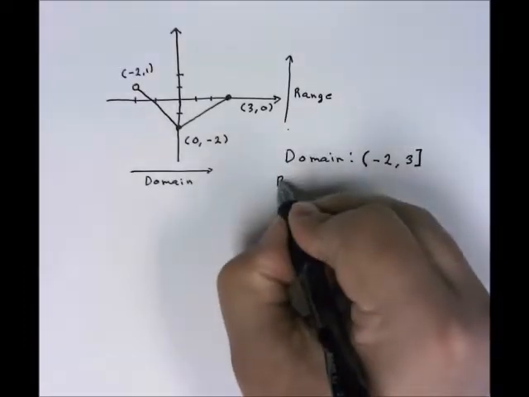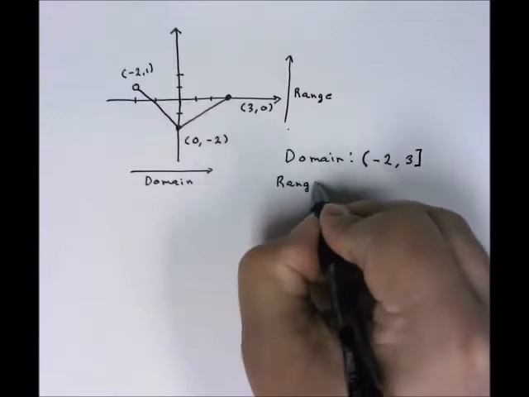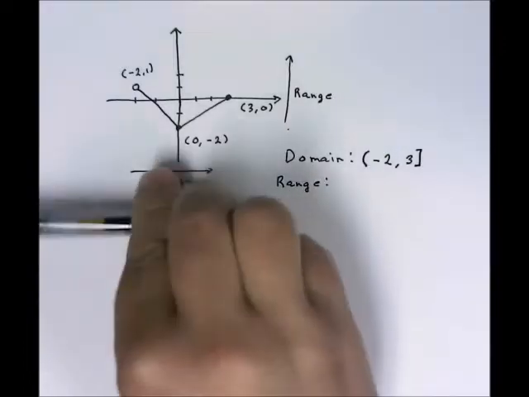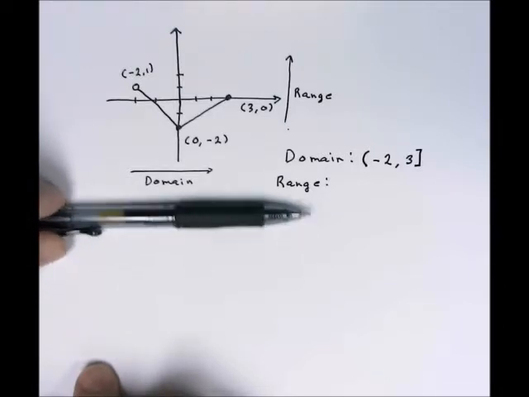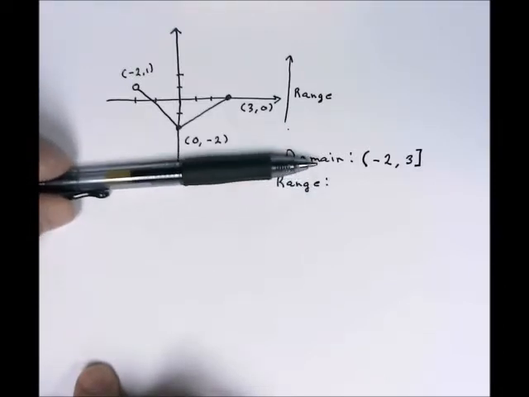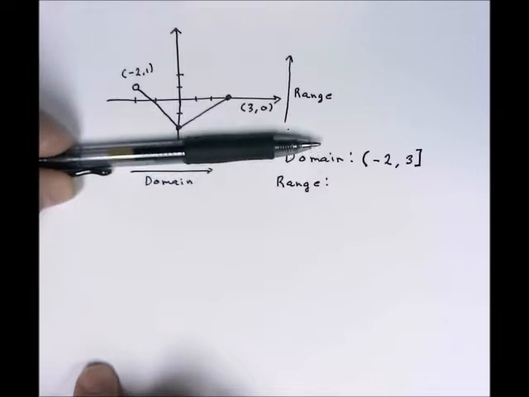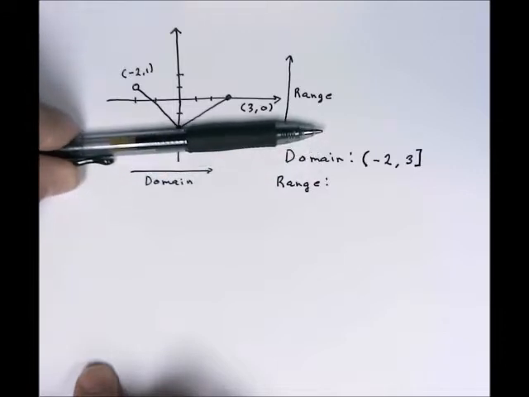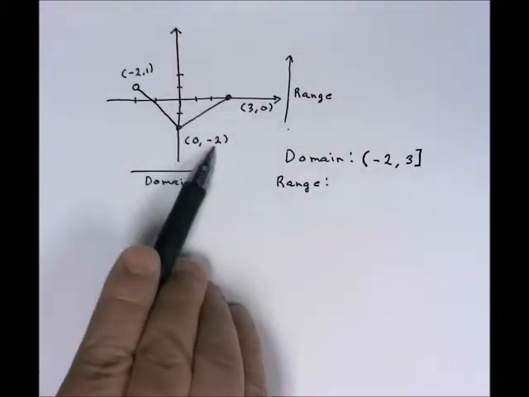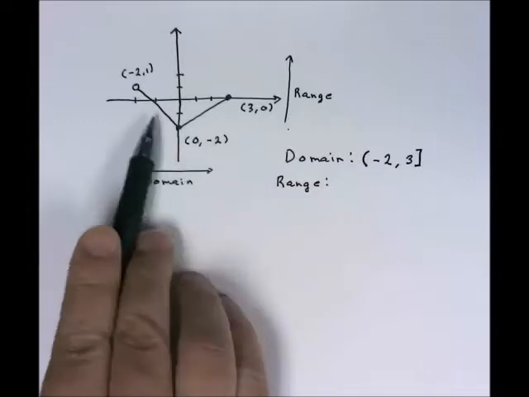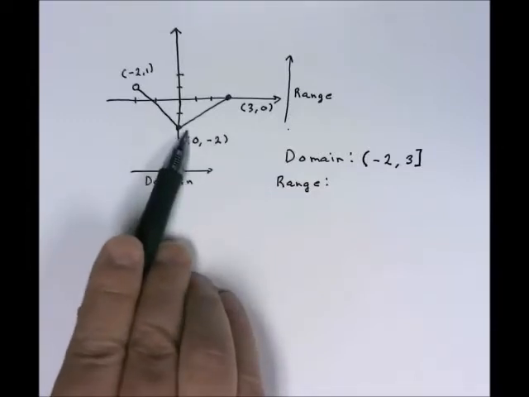And we're going to do the same thing for the range. I'm going to start down here, and I'm going to move my imaginary line closer and closer to the figure until I hit it. And then I'm going to ask what y value that happens at. Well, that happens to occur at the y value -2, and that's a closed circle.